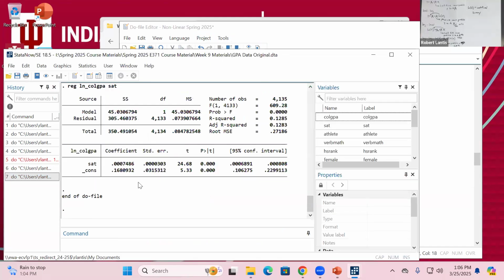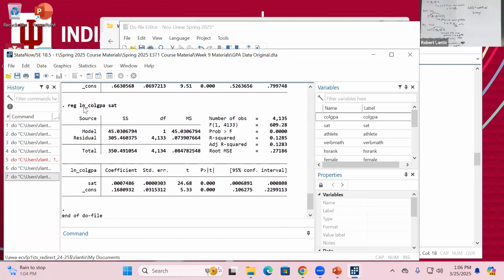Okay. So before we compare the two, if I'm looking at this log level model, so I've taken the natural log of my y variable, how would I interpret this coefficient? It's a one what change? My x variable is simply in units. I didn't take the natural log.